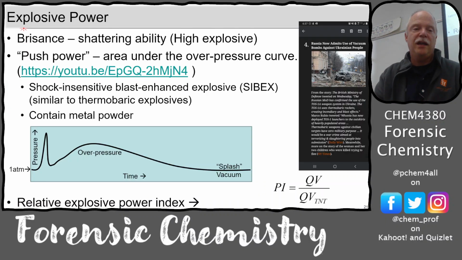Now, if you want to knock things down or break things, we need to think about how much pressure is produced in the environment after the explosion. The shattering ability is called brisance, and that's this first sharp pressure wave when you have a detonation. And that's the shattering effect.